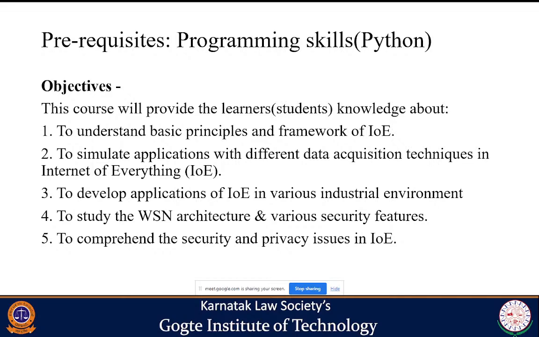And the last module is about IoT privacy, security, and governance. So this is more application based, more security based, privacy based, and a few case studies are there which we will be looking into in this module. So these are the 5 modules which we will be studying in this IoE course.